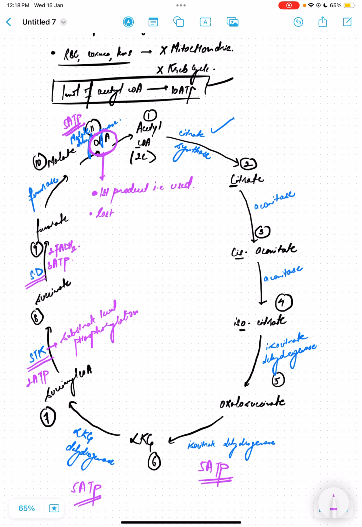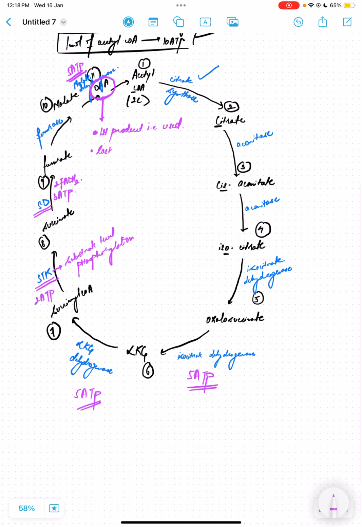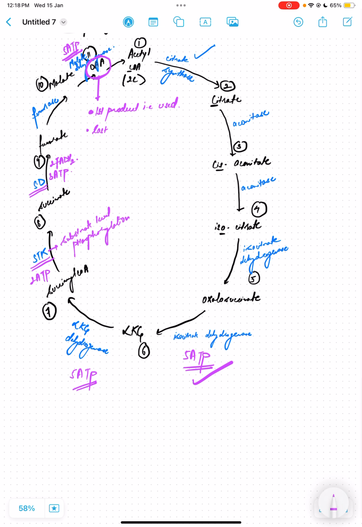So if we calculate all the steps where the energy is produced, how we can calculate is: this 5 ATP, 5 ATP, this 2 ATP, this 3 ATP and 5 ATP. Let's make a total: 5 plus 5 plus 2 plus 3 plus 5. This basically constitutes 20 ATP.